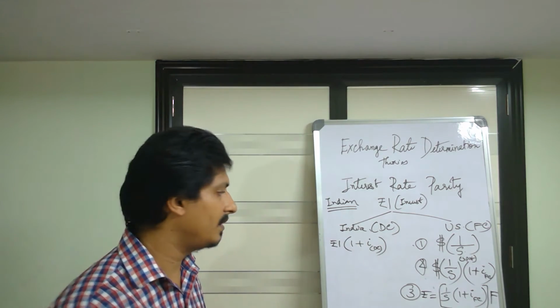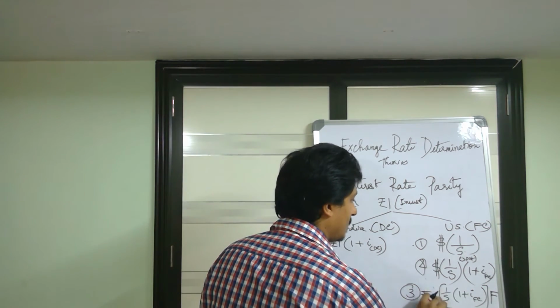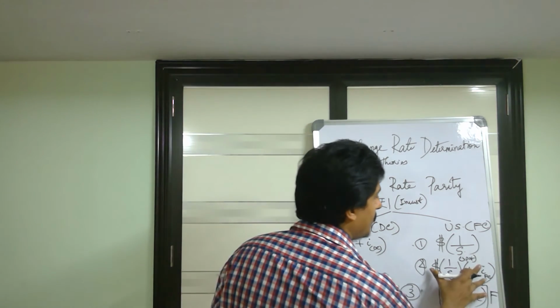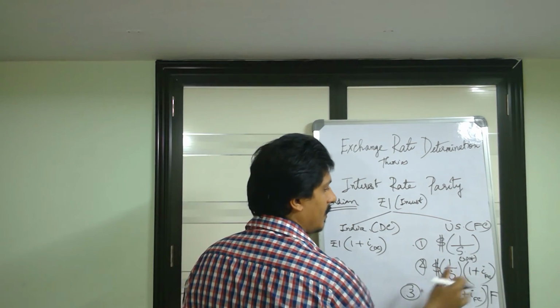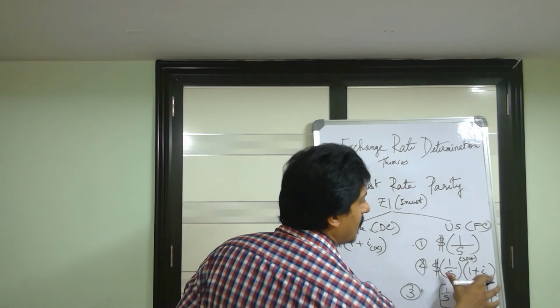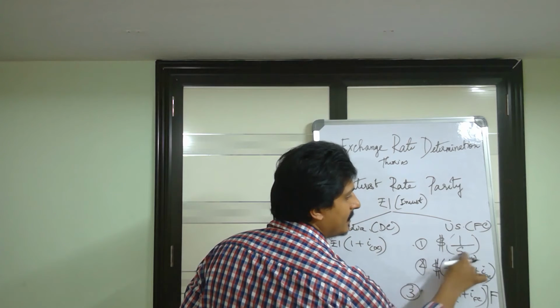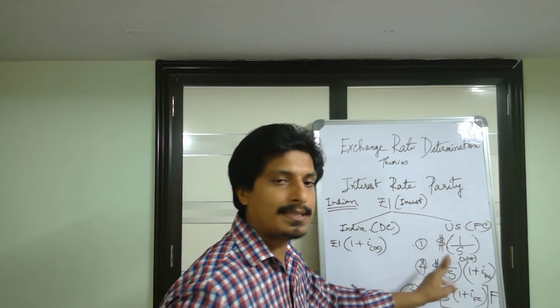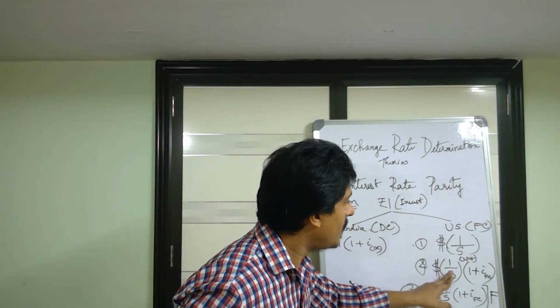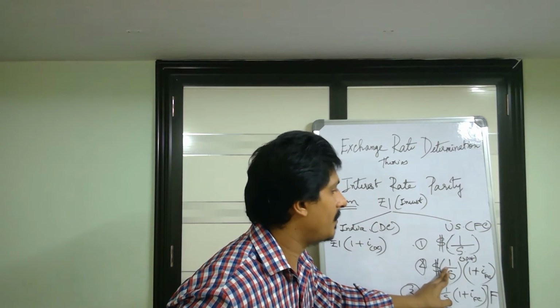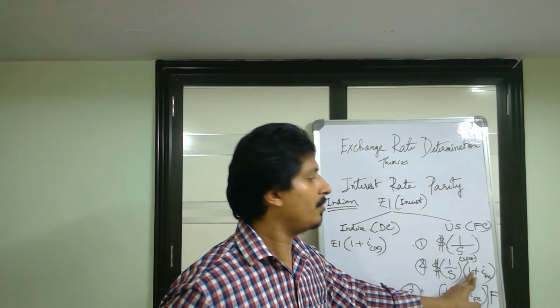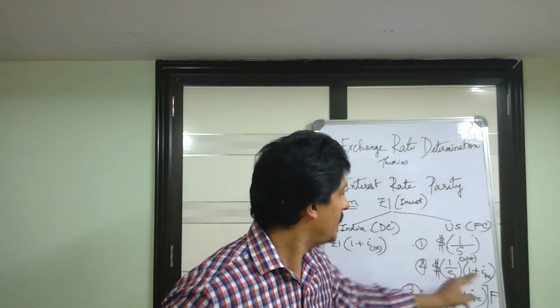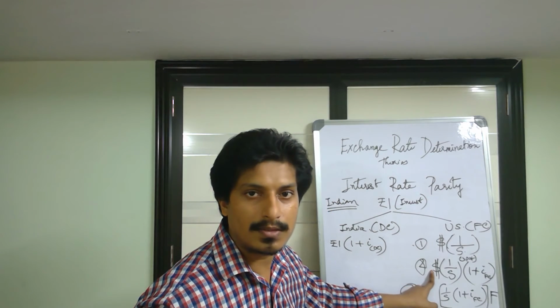rupees. If you multiply this whole thing, this part is in dollars. You see 1 by S is the invested amount, and you have invested at this interest rate, so it is denominated in dollars.